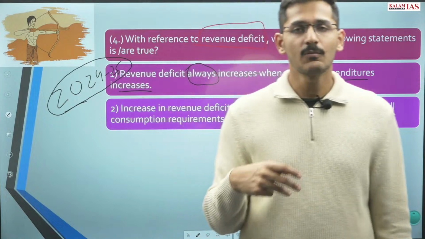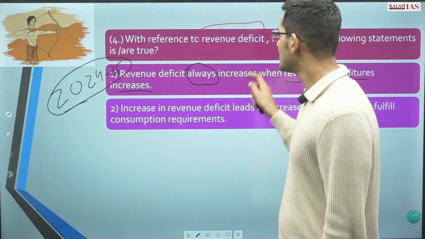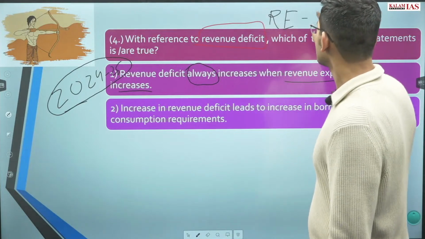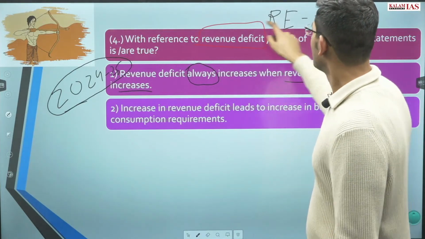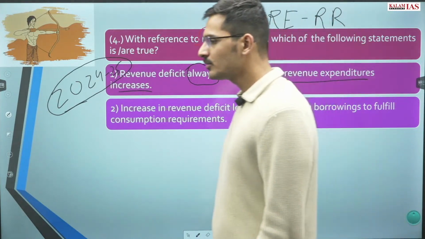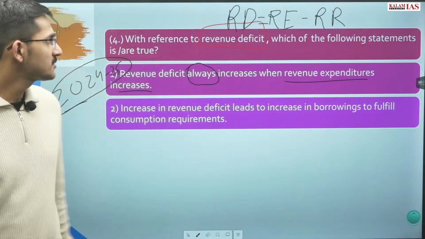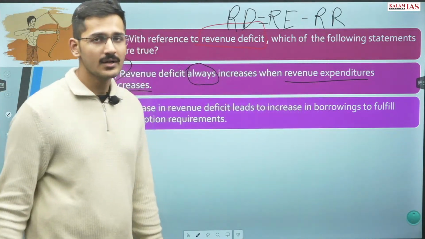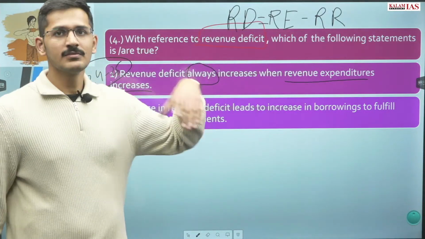Why does that happen? Because revenue deficit equals revenue expenditure minus revenue receipts. So if revenue expenditure increases and revenue receipts also increase, but by more than revenue expenditure, then revenue deficit will reduce.